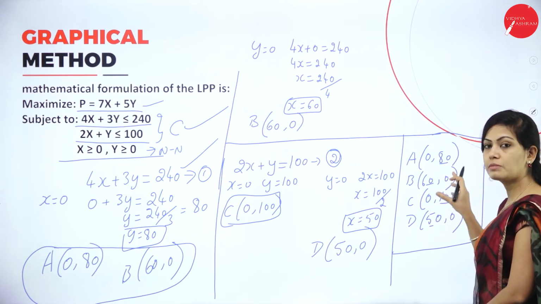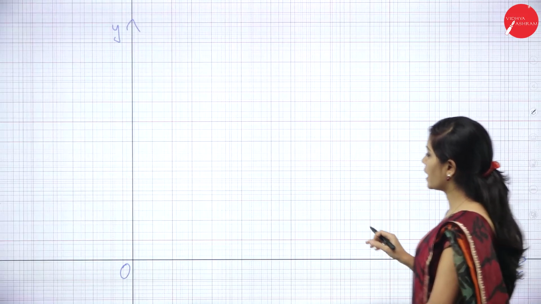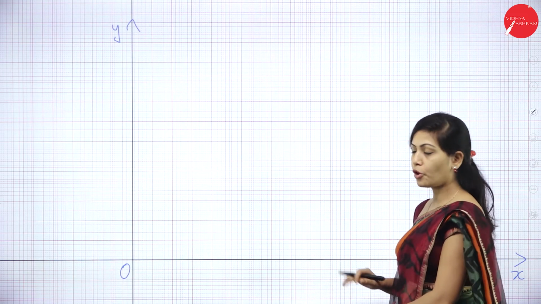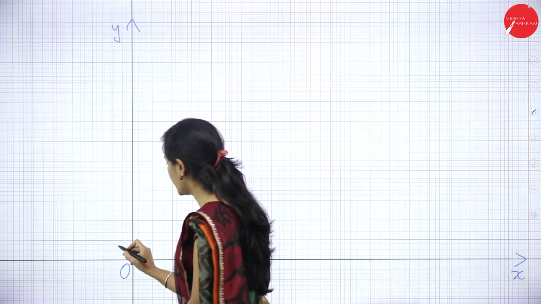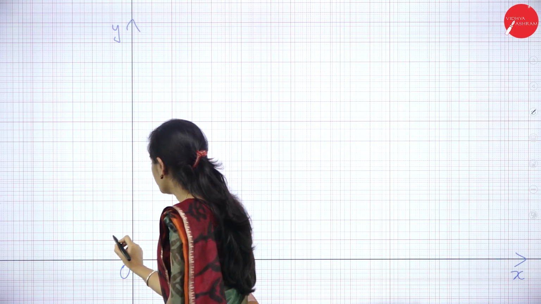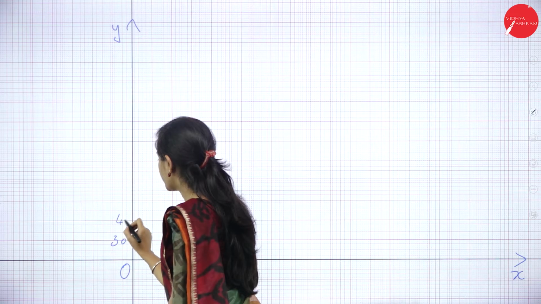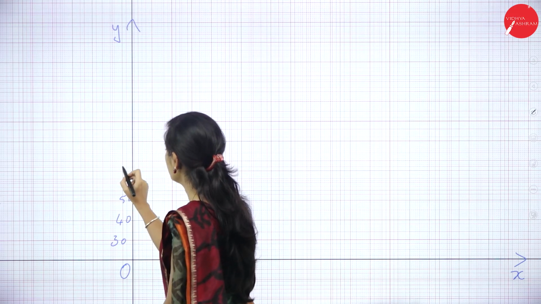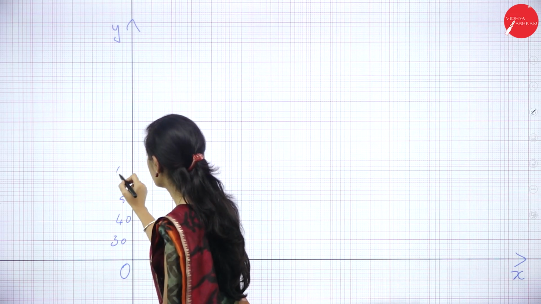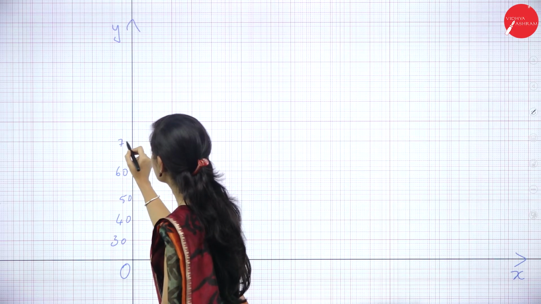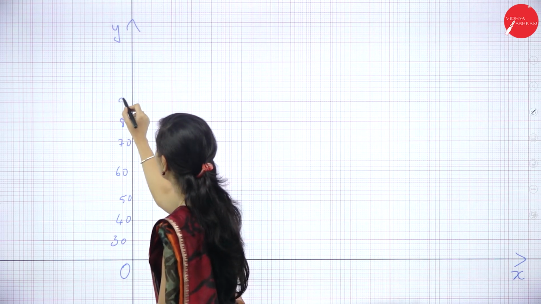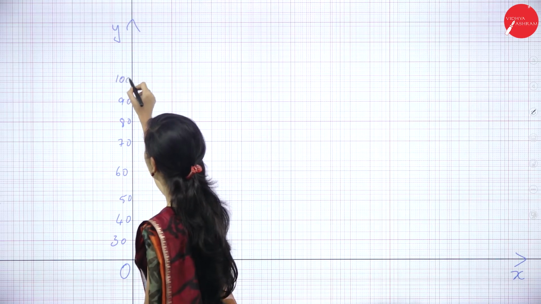Using this maximum value, we can find the scale points. Using the maximum point, I can draw a scale. Here I will take 30, 40, 50, 60, 70, 80, 90 and 100.